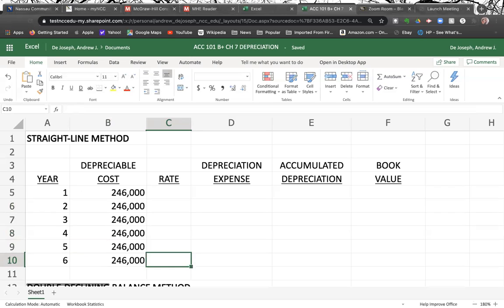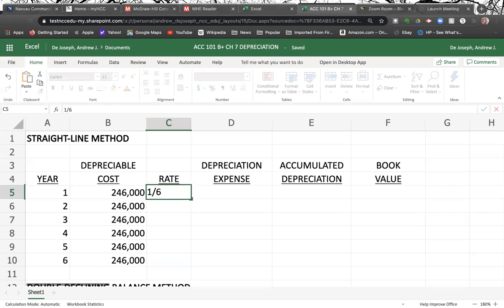Now the rate. The rate is 1/6. Now 1/6 is not a nice number. 1/6 is a repeating fraction, right? It's 0.1666666 till the end of time. What's the same thing as multiplying by 1/6 is dividing by 6, right? So I'm going to say the rate here is 1/6.